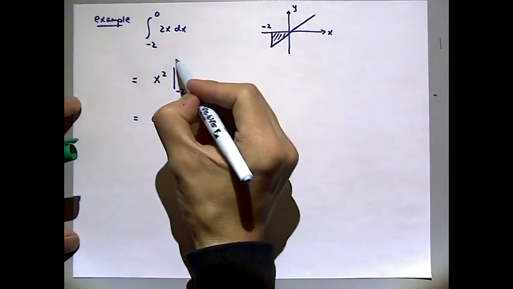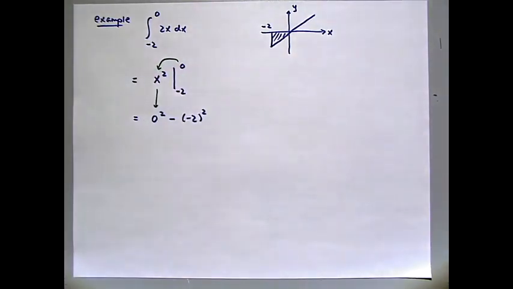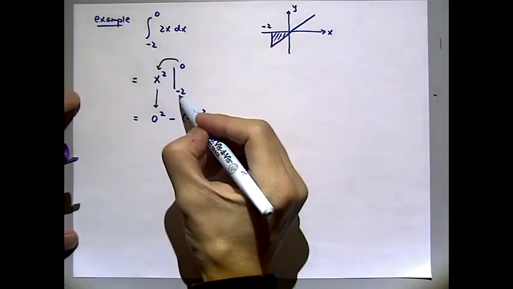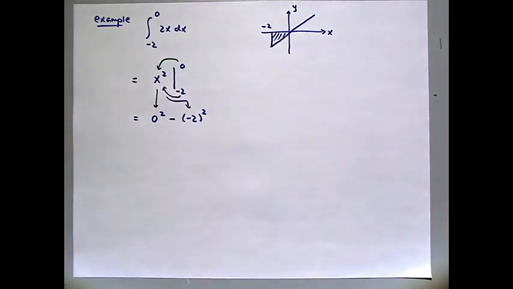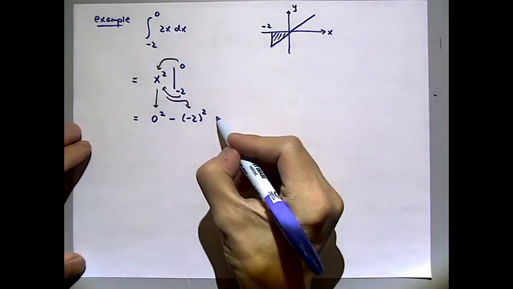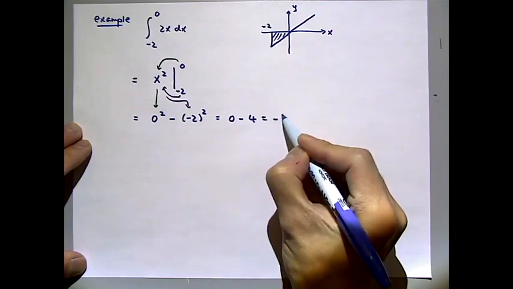So you're putting this thing into here, and then you get that. And then you put this thing in here for x, and then you get this. And what do we get? We get 0 minus 4. We get -4.